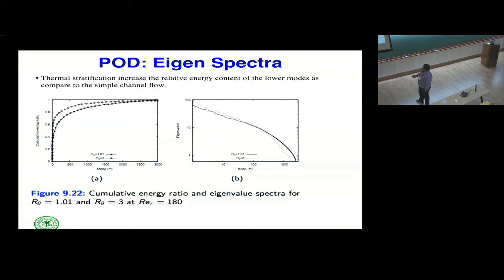Now the cumulative energy ratio. As the thermal stratification increases, the relative energy content of the lower modes becomes lesser and lesser. Normally, if you have a periodic flow, the most energetic mode will be the first mode.